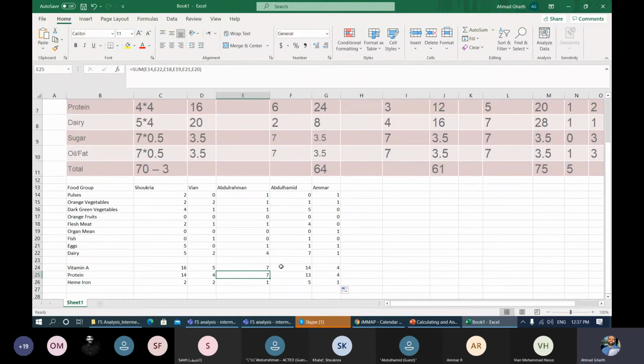Well, if we were to cut off at 7, we would have Abdul Hamid and Shukriya also at 7. So we would have equivalency, yani, between Abdul Rahman, Abdul Hamid, and Shukriya. But why would we want to keep this score here, this 16, 14, 13? I mean, what does it tell us?